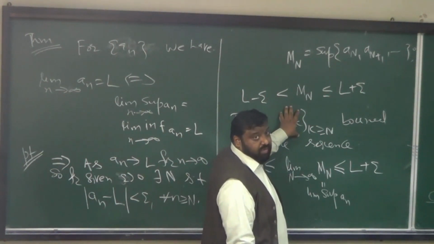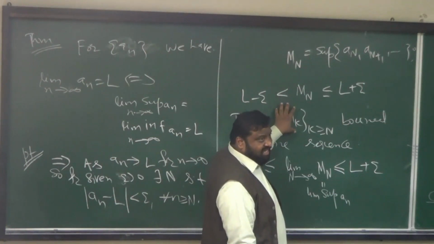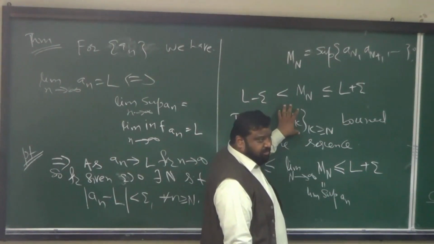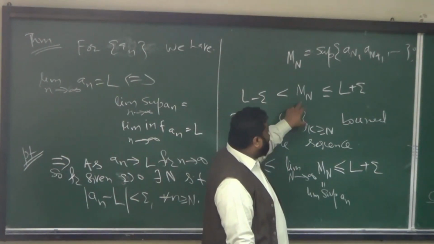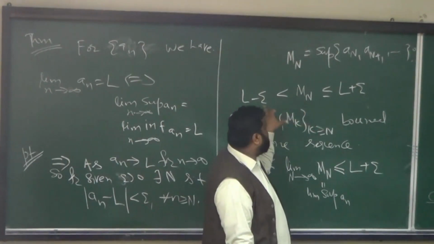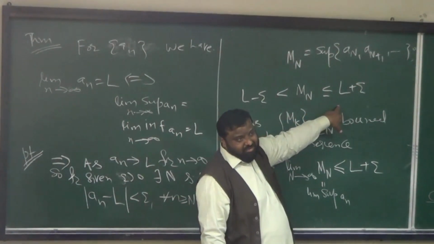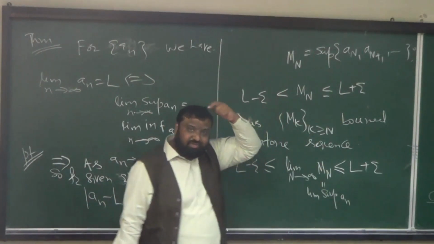So every single term in this sequence must be bigger than or equal to that infimum, including Mn. So Mn is bigger than the infimum and Mn is between these two numbers. I don't see any reason why this smaller number should not be between them.